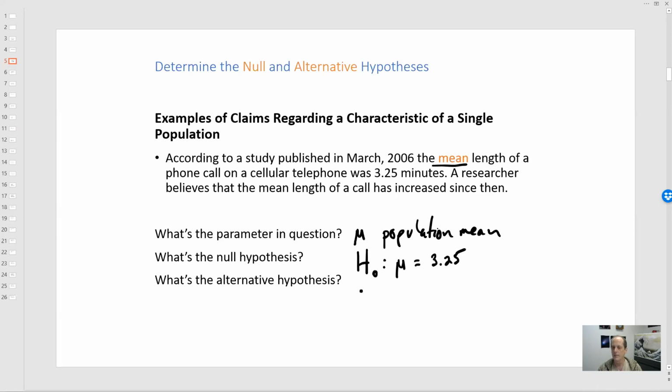What's the alternative hypothesis? This time we've committed to a direction here. The researcher thinks it's increased, so that implies that now we believe mu is greater than 3.25. Okay, so again, we're just translating a situation into the formal language of hypothesis tests in symbology.